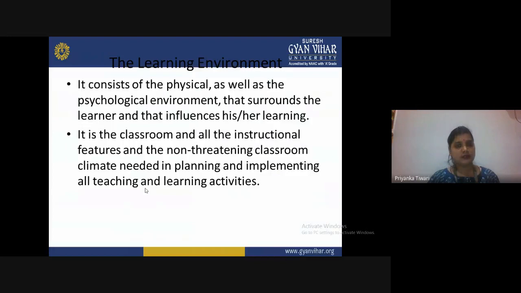The learning environment consists of the physical as well as the psychological environment surrounding the learners and influencing his or her learning. It is the classroom and all the instructional features and the non-tactile classroom climate needed in planning and implementing all teaching and learning activities.